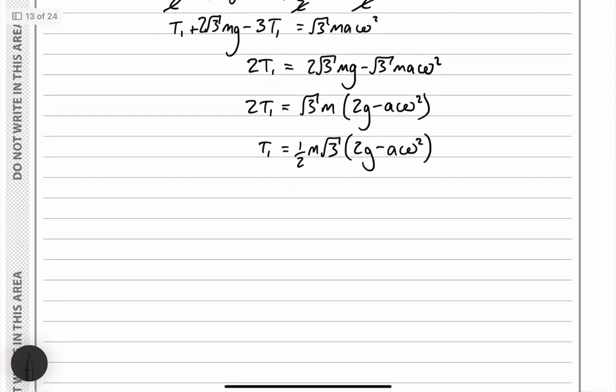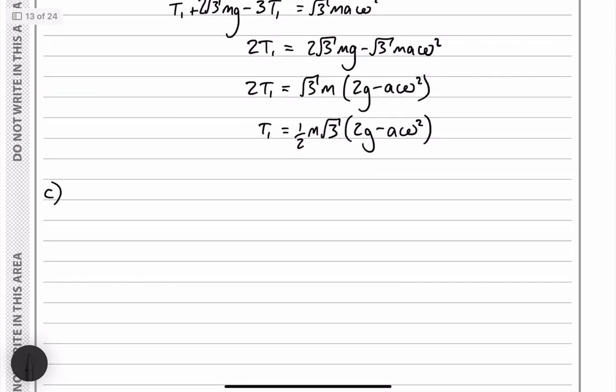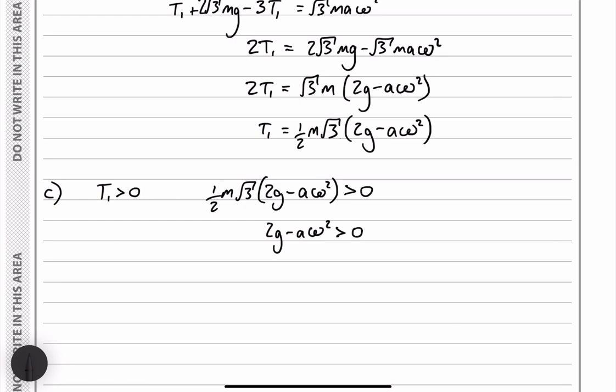So we've got T1 already, so we know T1 must be greater than 0, therefore this expression, a half m root 3 (2g minus a omega squared) must be greater than 0, so 2g minus a omega squared must be greater than 0, 2g must be greater than a omega squared, 2g over a must be greater than omega squared.